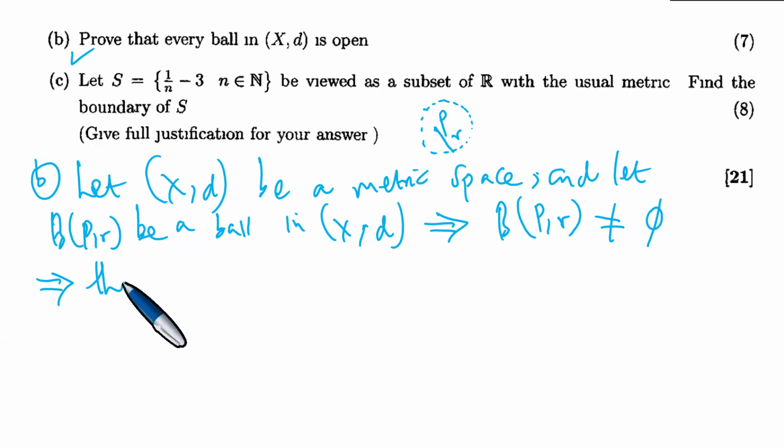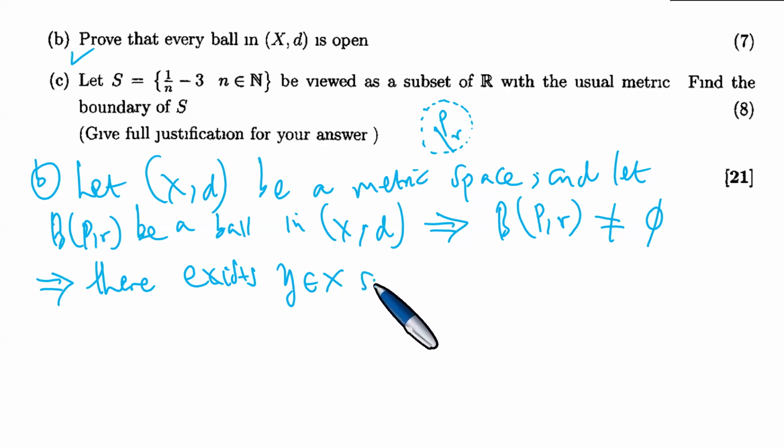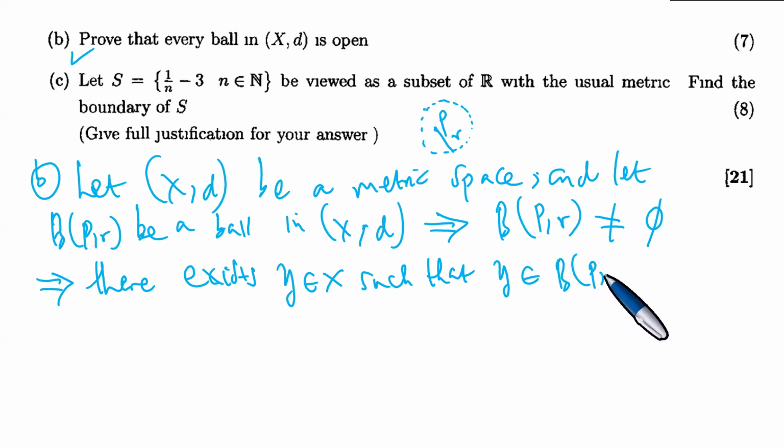Because it's not empty, we then say there exists a y in X such that y is an element of B(p, r). So we can get a y in the metric space X such that this y is an element of the ball.